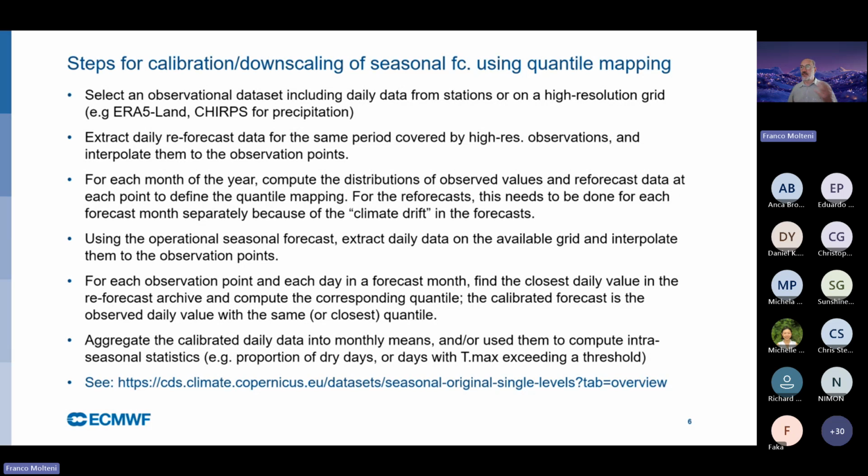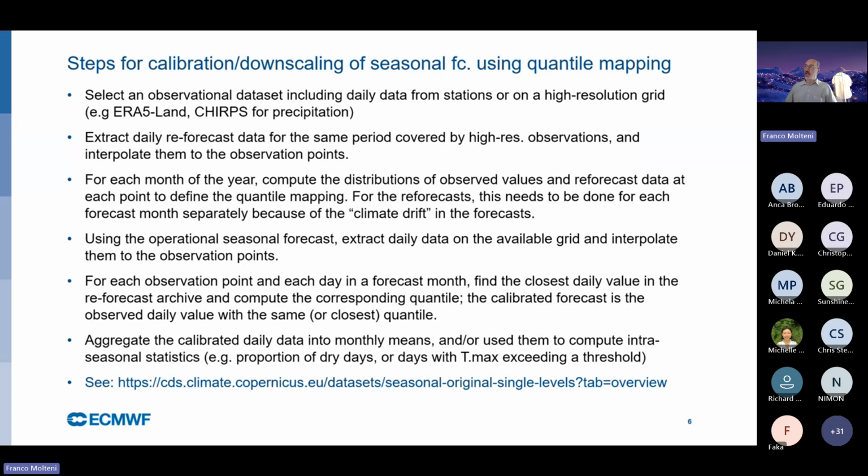So let's say that one value corresponds to the 65th percentile. Then the calibrated forecast will be the observed daily value with the same quantile, or the closest quantile if you cannot find exactly.